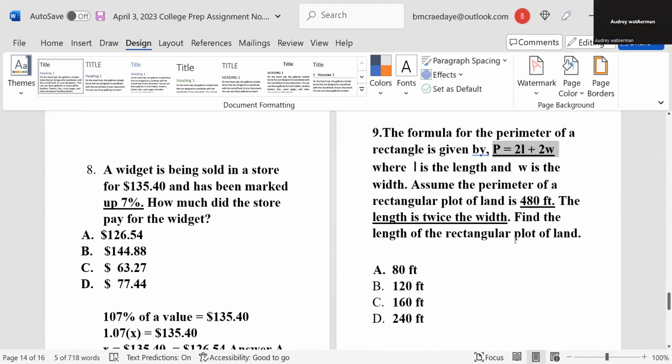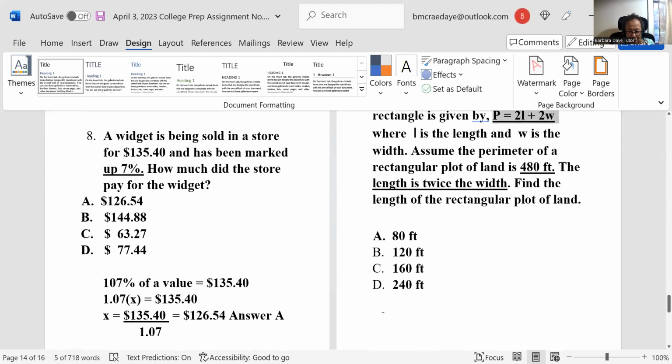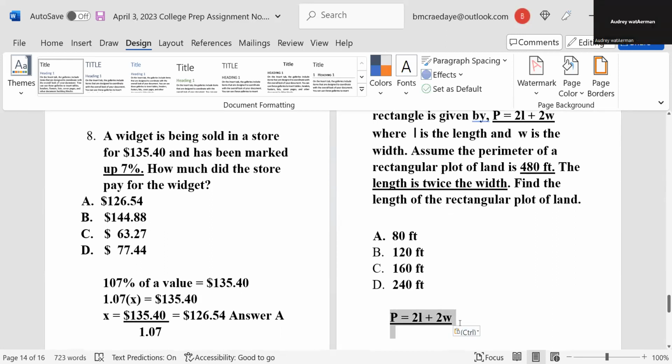So let's just put that there. And what's the relationship between the length and the width? Audrey, how would you convert these words to an actual equation? Length is twice the width. So the length is going to be what?